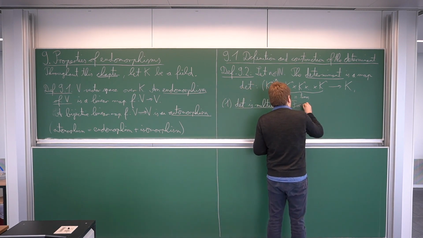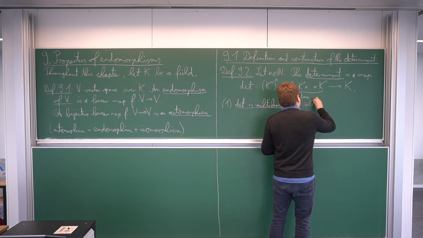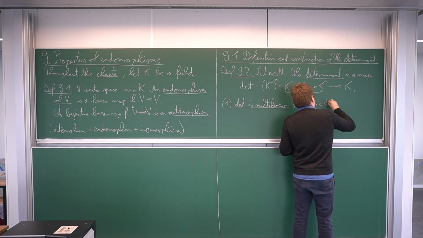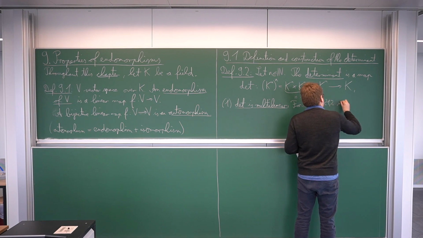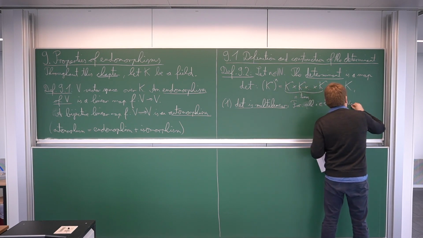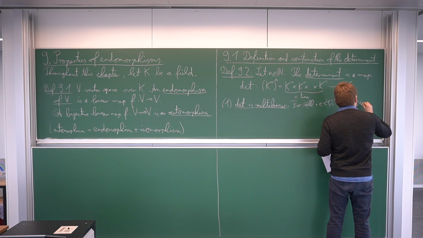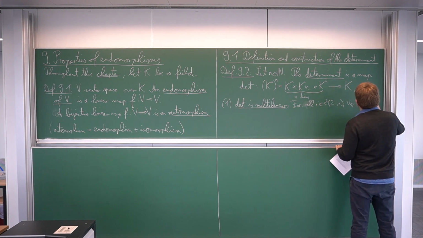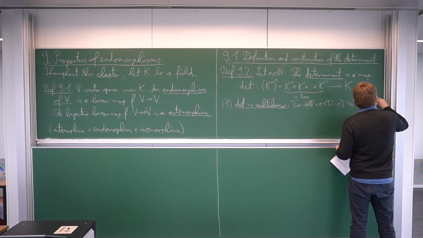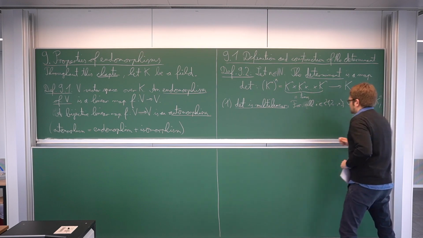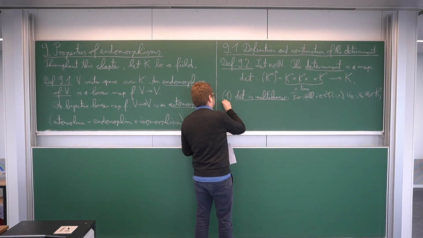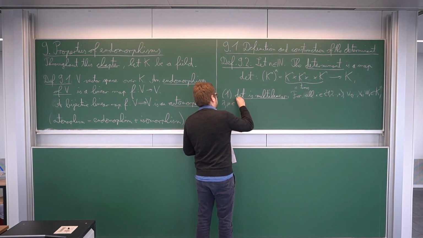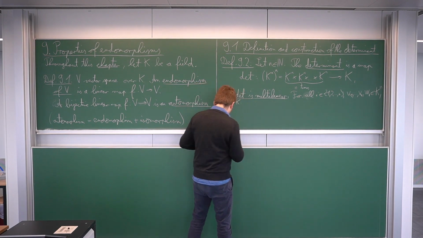Namely, for all i from 1 to n, I take n different vectors v1 to vn, and I take one additional vector wi. These are elements of K^n. And I want to take 2 numbers, lambda and mu in K. And what do I demand?